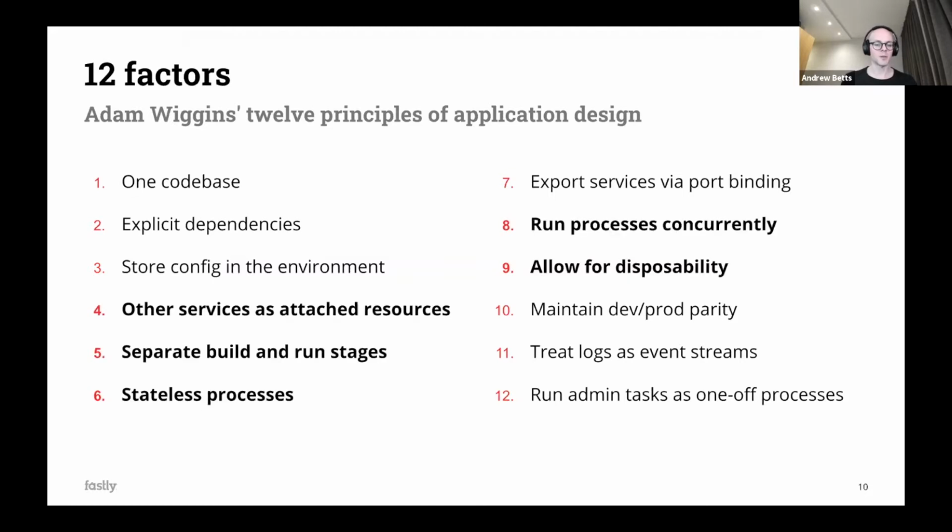So the ones I would pick out are having stateless processes, running processes concurrently, which are resilient to being terminated randomly, and which treat connected services as equivalent to third-party integrations. So no kind of sneaky diving into the database through Unix sockets and that kind of thing.